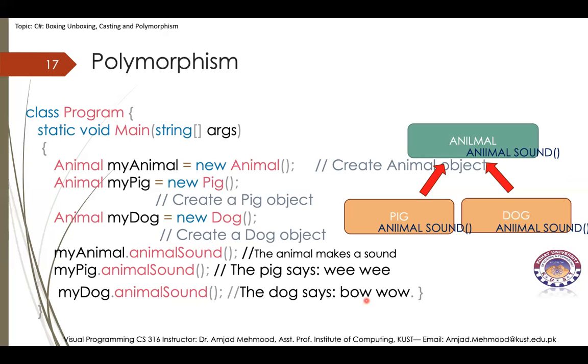You need a parent class and a child class, as in the concept of inheritance. But you also need the same kind of method in the child class as well. This is important, because the child classes will override the method of their parent class. I'll explain that in detail in my next lecture as well.